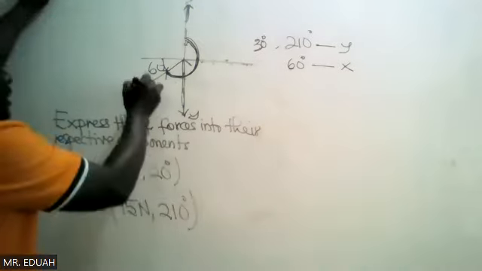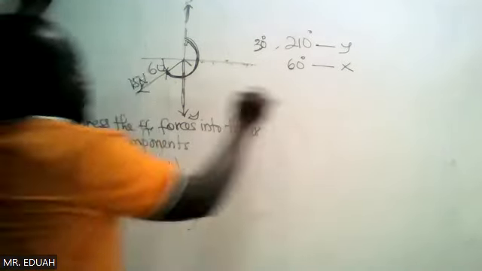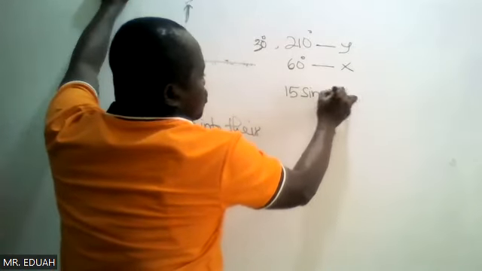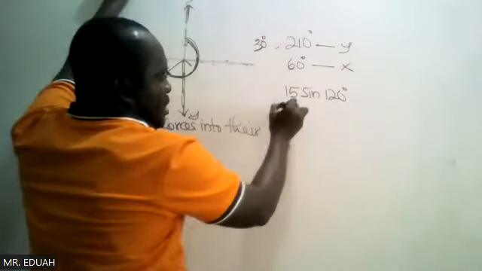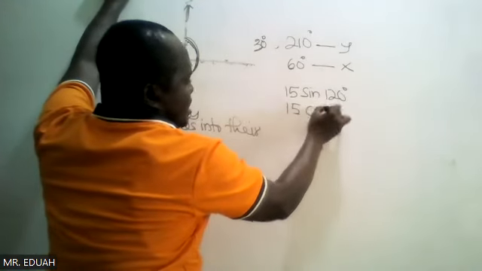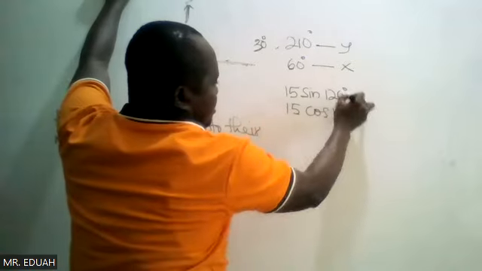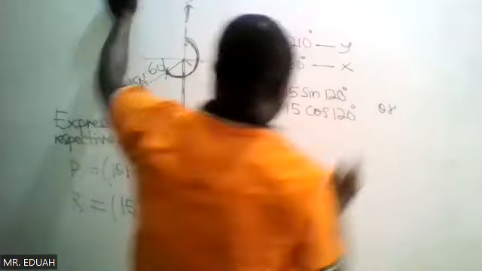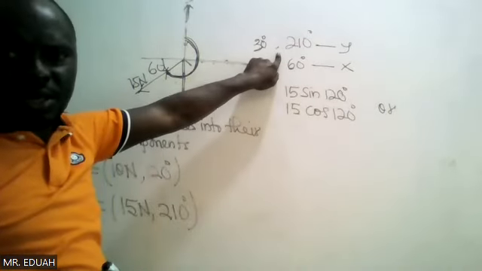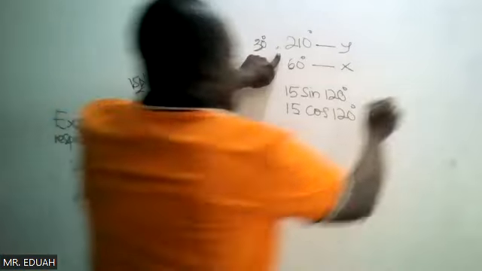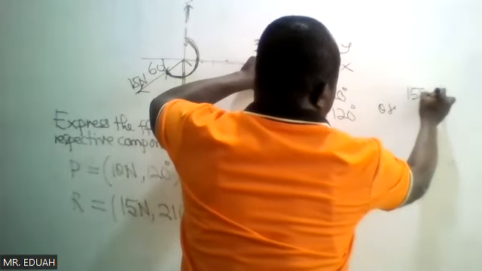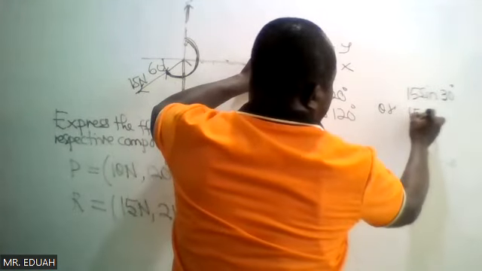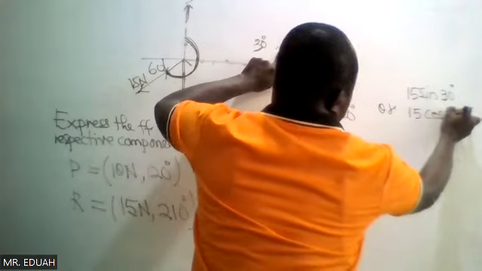And the magnitude is 15. So 15 sine 210, 15 cos 210. Or another angle it makes with the y is 30: 15 sine 30, 15 cos 30.